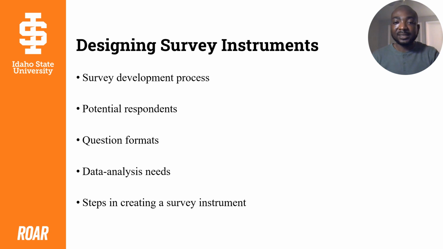So these answers are coded before data entry to allow for appropriate analysis. A survey instrument with closed-ended questions expects responses such as yes, no, ranking responses, and other numerical formats.